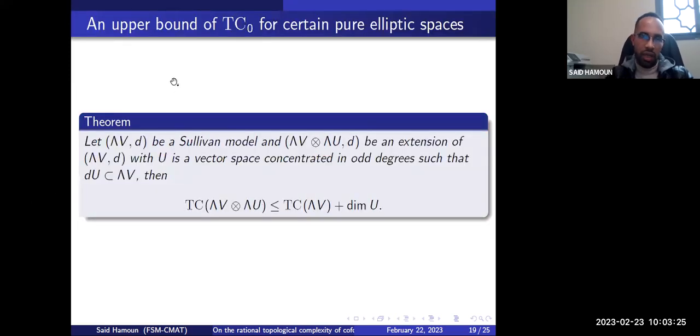Here in this paragraph, we will see an upper bound of the rational topological complexity for certain pure elliptic spaces.